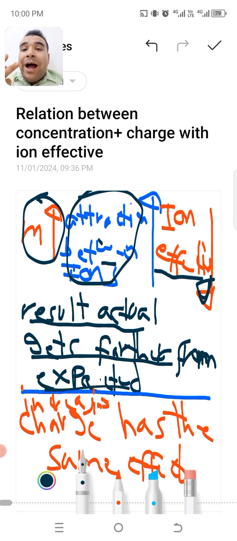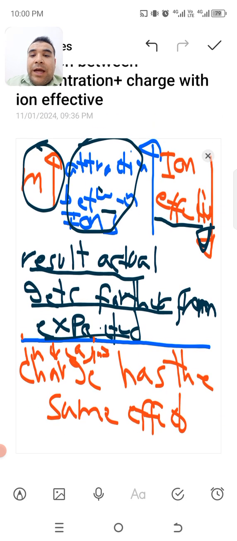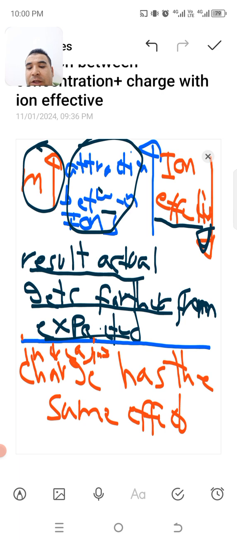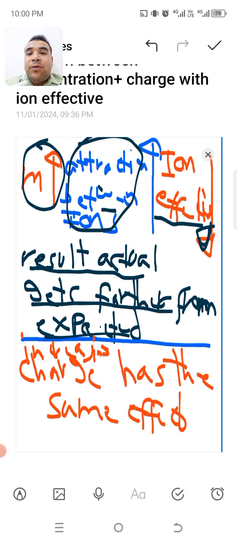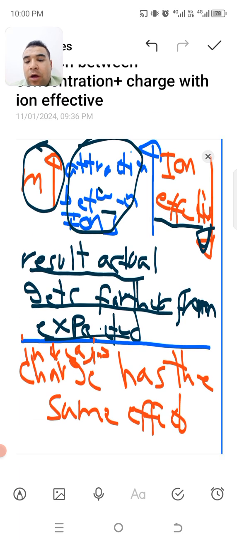Let me provide an example and ask which of the following has the highest difference between actual and expected value. Let me provide an example for the same electrolyte.